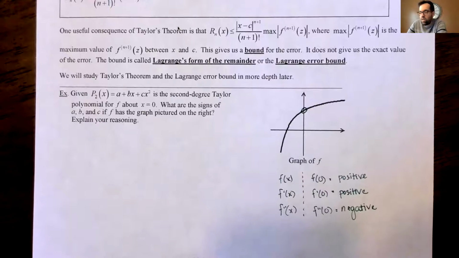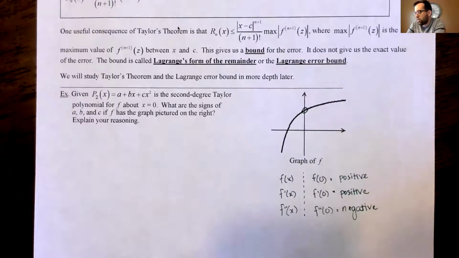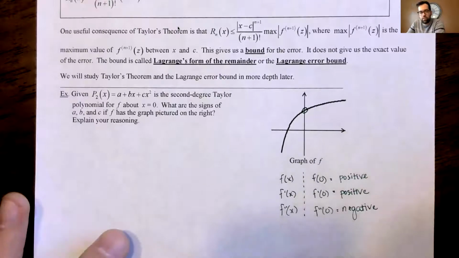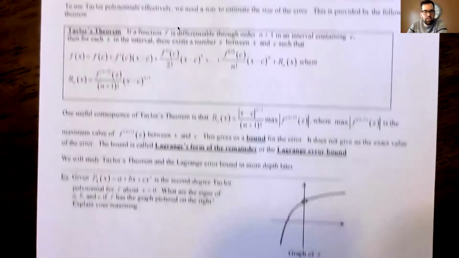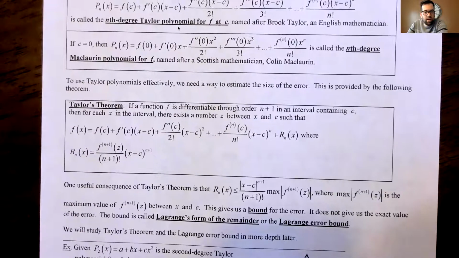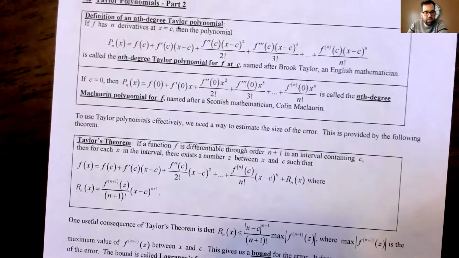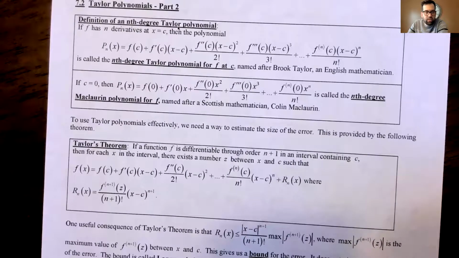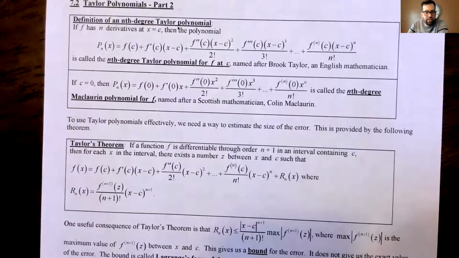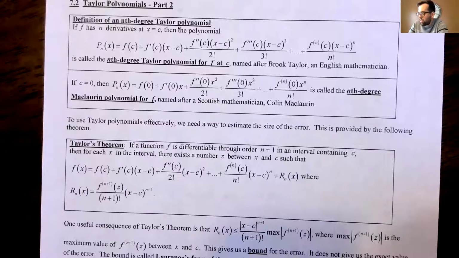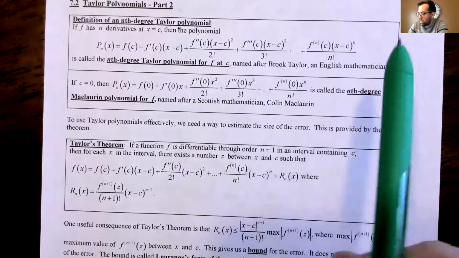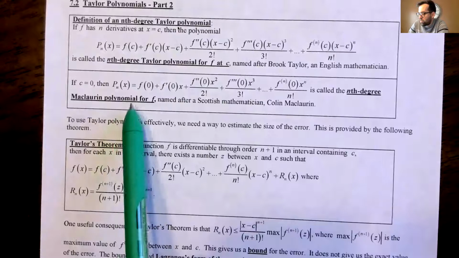Right? So now if we think about our formula for a Taylor polynomial from the top of the page. My camera's lagging here. Sorry about that. If we think about this formula, if we think about a plus bx plus cx squared, and we have a Maclaurin polynomial because we're centered at 0.